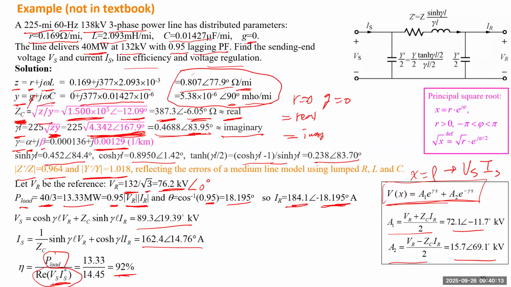So the efficiency is 92%, so there's an 8% energy loss. And voltage regulation, by definition, is the source voltage minus the load voltage divided by the load voltage. So the regulation is 17%. It's not zero, which means there will be some voltage drop along the line. Okay, so this is the example.